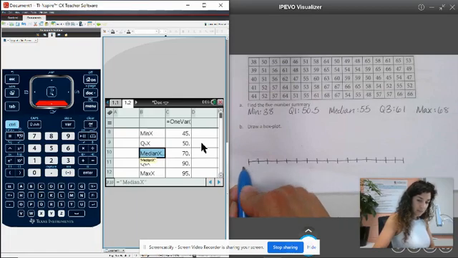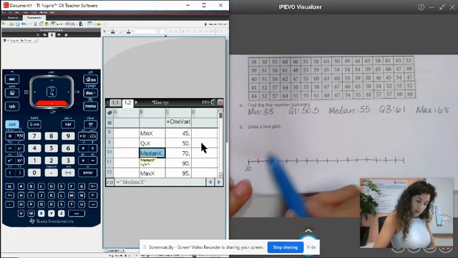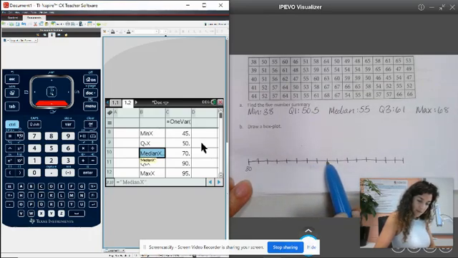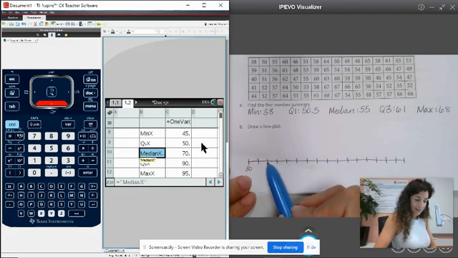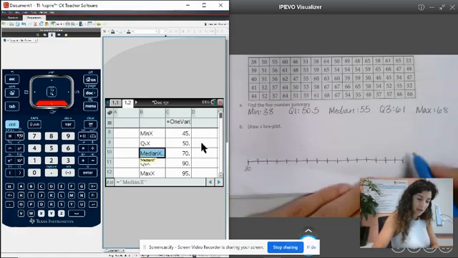So if this is 30, 40, 50, 60, 70. I'm going to try and go up to 20 tick marks.